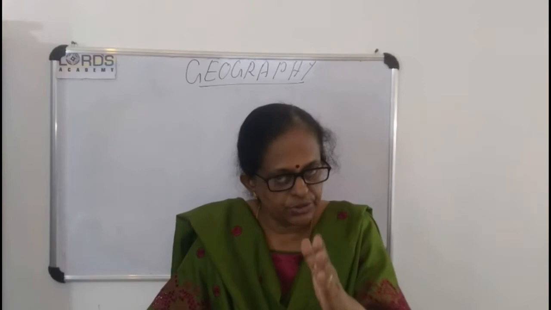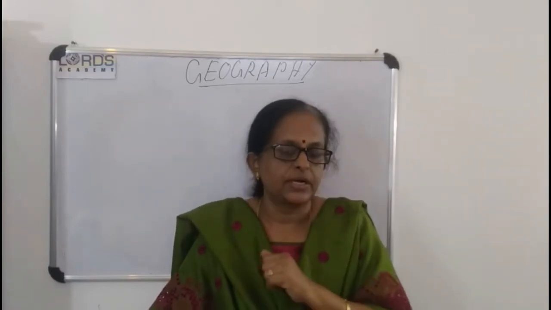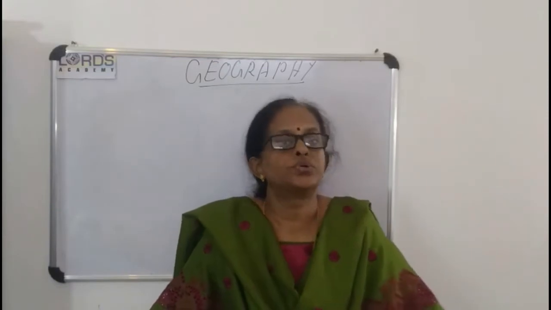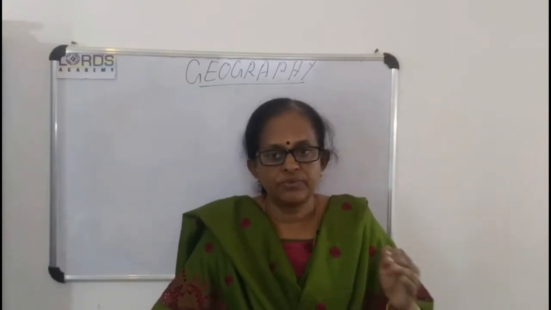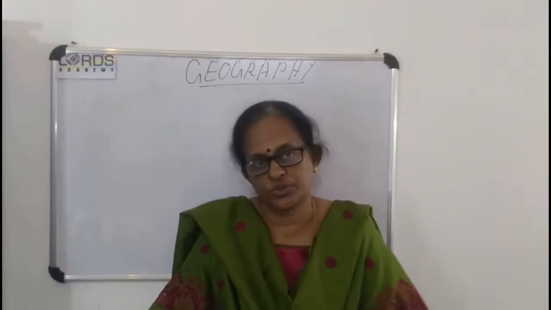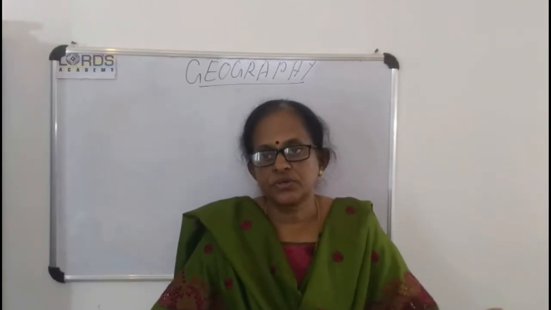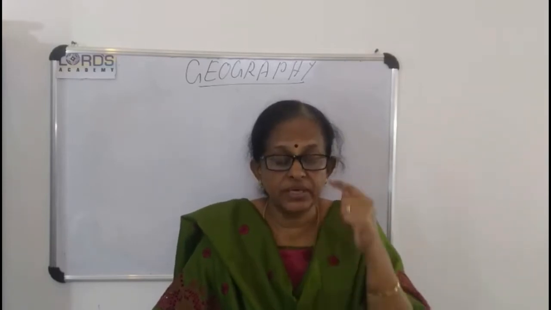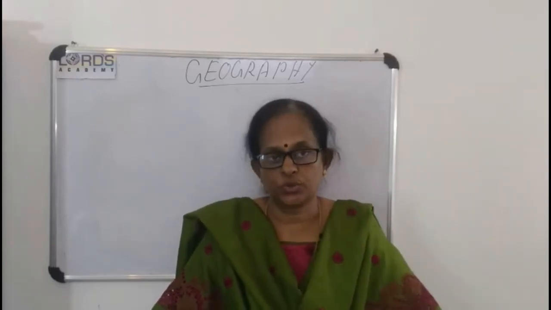Then now we are coming to the prevention. Soil erosion we know, agents we studied, reasons also we studied. How can we prevent soil erosion? We cannot stop it, but we can reduce the seriousness of soil erosion, because the after effects of soil erosion are very dangerous. Therefore we have to think about what methods we can take to control soil erosion.